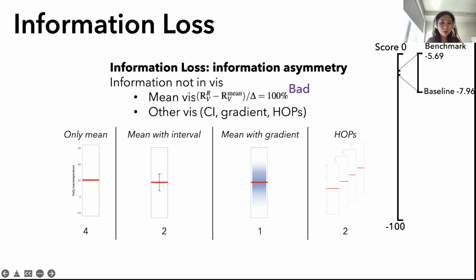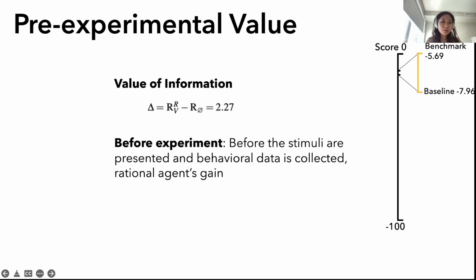So they have an upper bound that's the same as benchmark. We say the information loss is 0 for other visualization formats. So pre-experimentally, the experimenter can expect mean to behave badly compared to other visualization formats. So this is the pre-experimental value of information, and this can be calculated before the experiment, before any experiment is run, and this is the rational agent's gain.